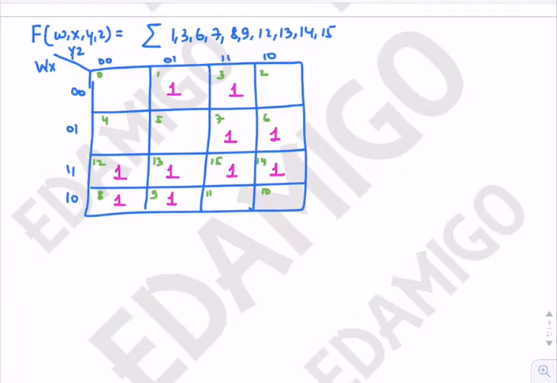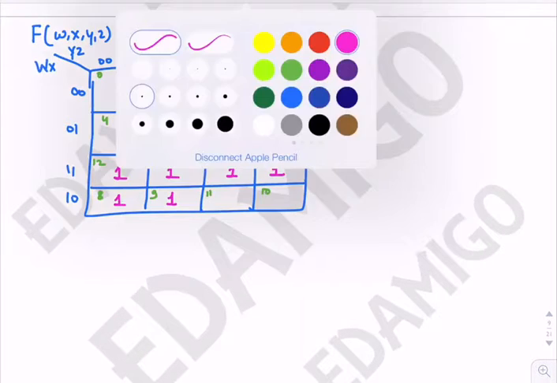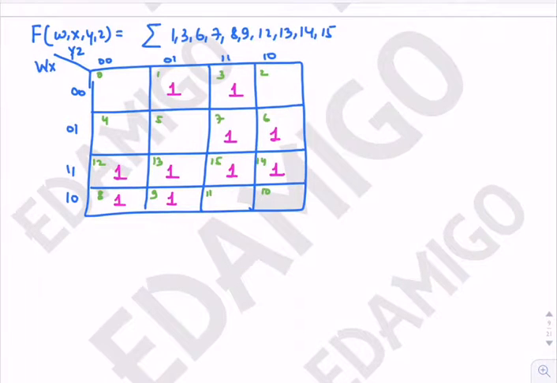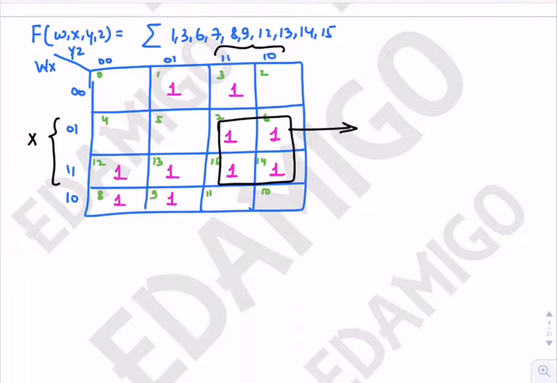Okay, so let us now combine these. We can see that this is one square that we can form, the first one. Here x is common and here y is common. So we have x y, the first prime implicant.